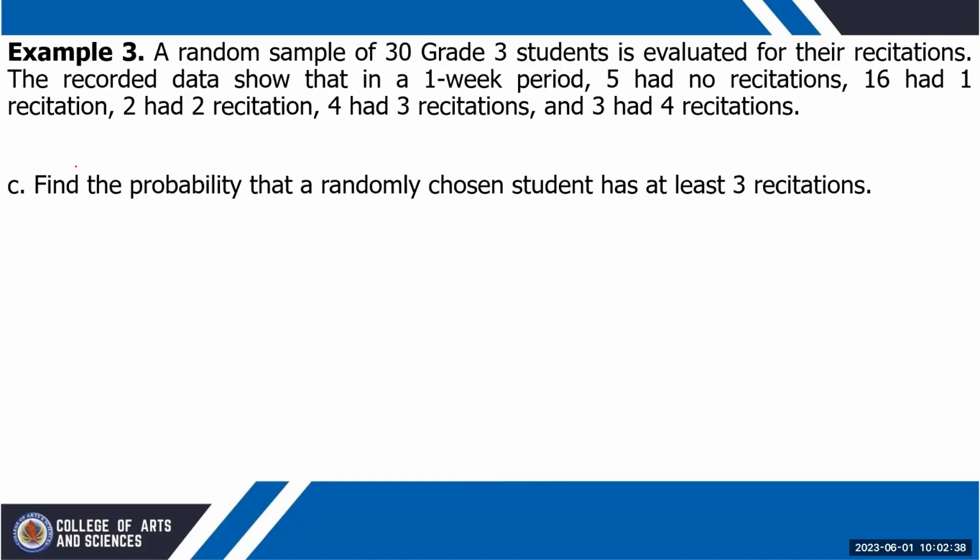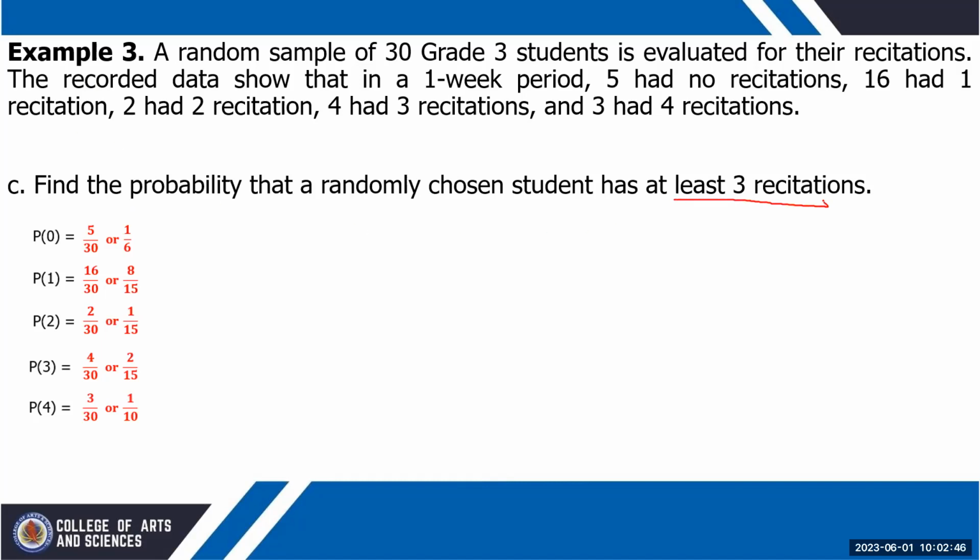Okay? Ngayon naman, let's try to get the probability of choosing students na merong at least 3 recitations. Pag sinabi nating at least 3 recitations, that is just the same as saying pwedeng 3 or pwedeng 4. So, yung at least 3 natin, yung 3 natin, that's the minimum value.